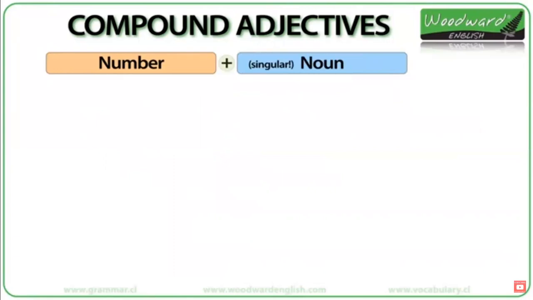Number plus singular noun. When we have a number before a noun in a compound adjective, that noun is always in singular form. This not only applies to periods of time, as we have already seen, but with other nouns too.